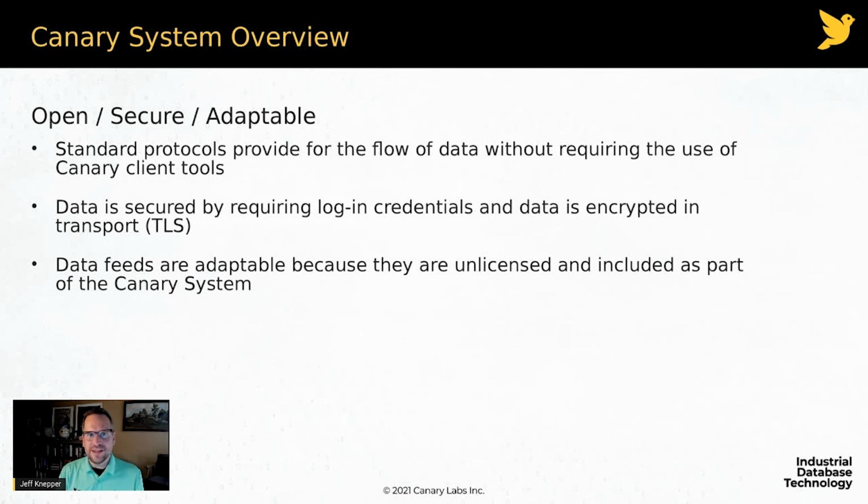Every time we move data, I think you're starting to learn, we're using TLS and it's encrypted. And finally, we're adaptable because we do all of this without requiring you to buy those licenses. You don't have to buy an SDK. You don't have to do anything special to be able to do this. So when you get data into Canary, you can get data out of Canary in any way that you see fit for your organization.